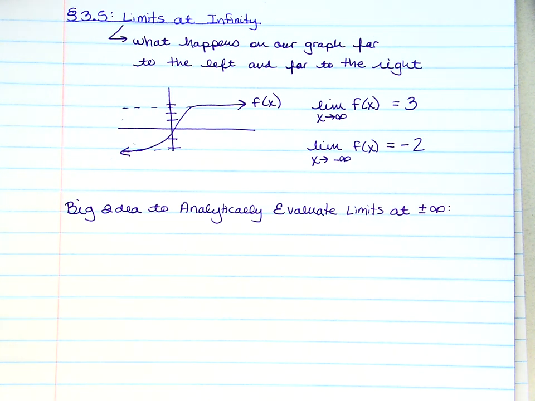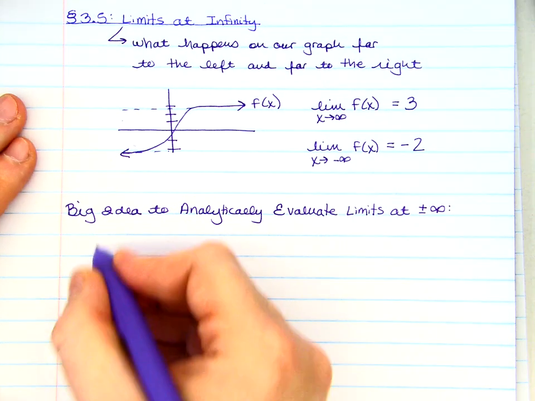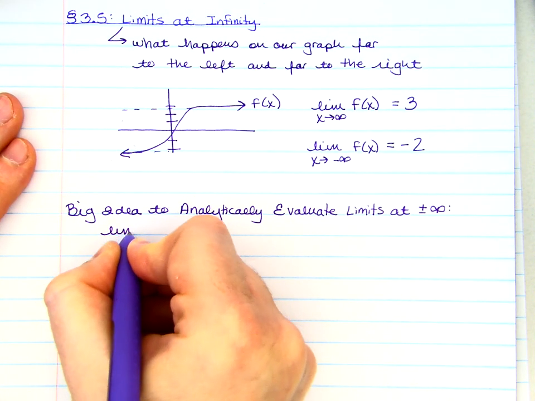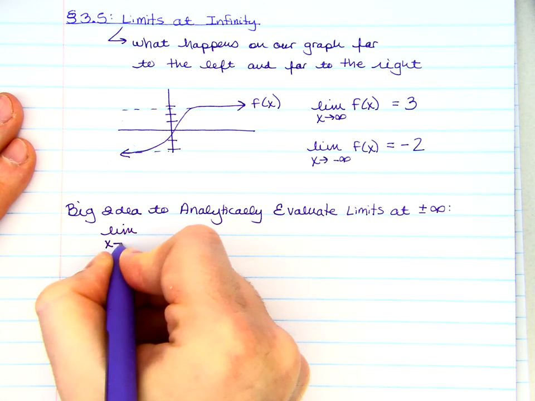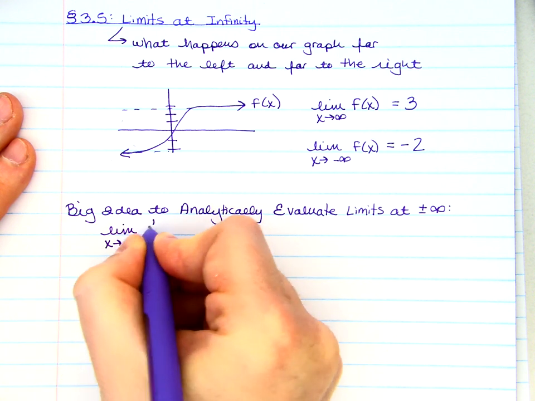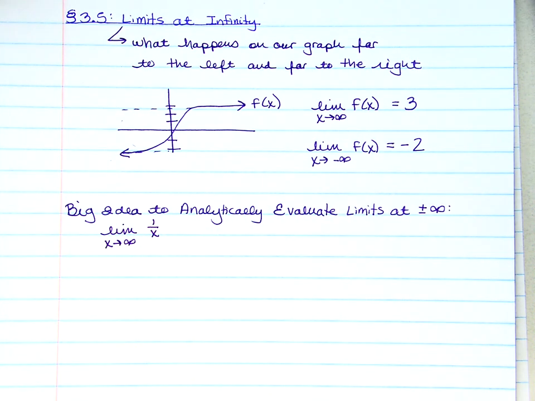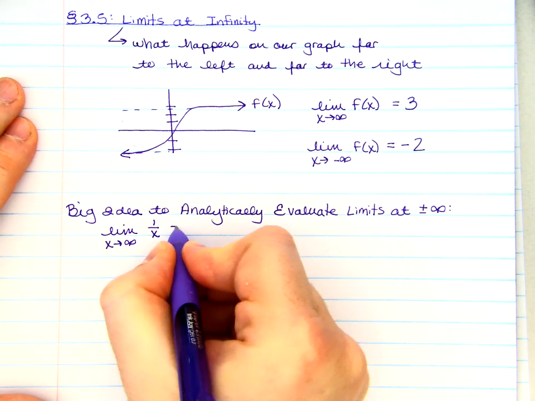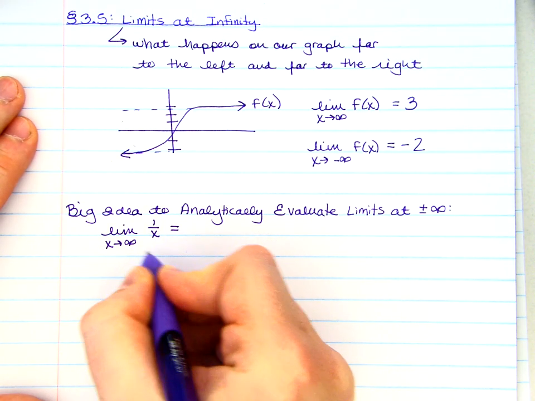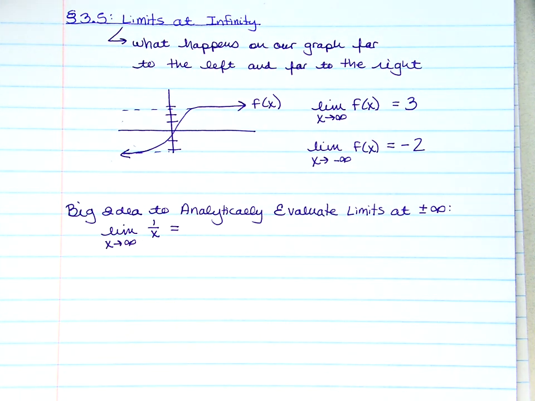One big idea that's going to take us through all of this: the limit as x approaches infinity of 1 over x. Think for a moment. 1 over 100, 1 over 1,000, 1 over 1,000,000, 1 over 1,000,000,000. The bigger the x value gets, what do you think this gets really, really close to?